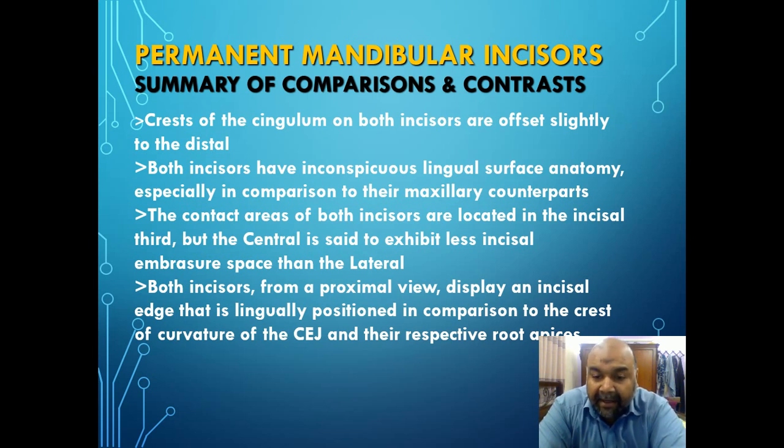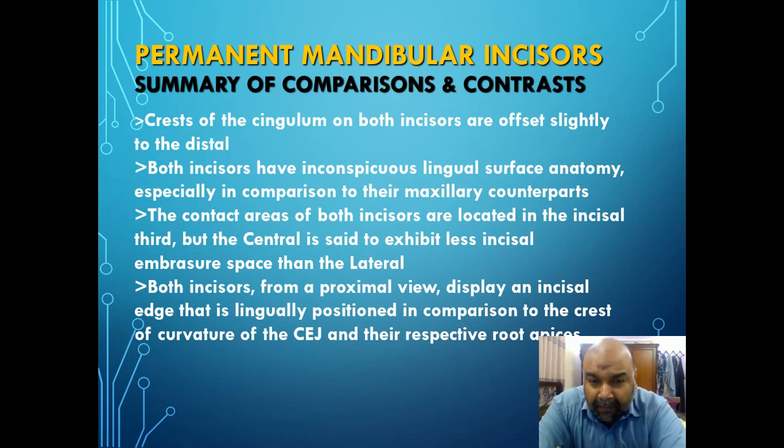Furthermore, if we compare the mandibular central and lateral incisors with the maxillary central and lateral incisors, then not only are they relatively smaller in terms of size and shape, but also their lingual surface anatomy and their facial anatomy is not as prominent, not as exaggerated as the maxillary central incisor.